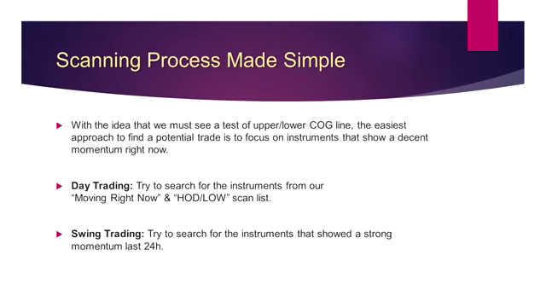Profit Catcher system scanning process made simple. With the idea that we must see a test of the upper or lower central of gravity line, the easiest approach to find a potential trade is to focus on instruments that show decent momentum right now. For day trading, try to search for the instruments from our moving right now and high of the day, low of the day scan list.